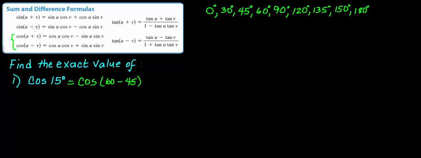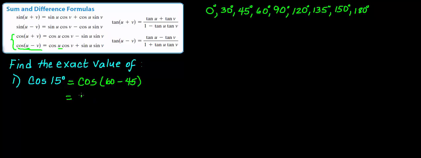And now I'm going to go back to my rule, and since I've split up my 15 into a subtraction, that means I'm going to use the subtraction rule. And it says here that when you have the cosine of a subtraction, that will be equal to, let's follow the rule. It says the cosine of u. U refers to that first angle in my subtraction.